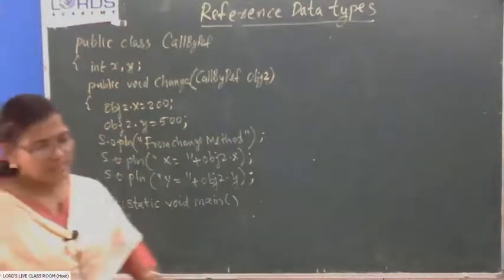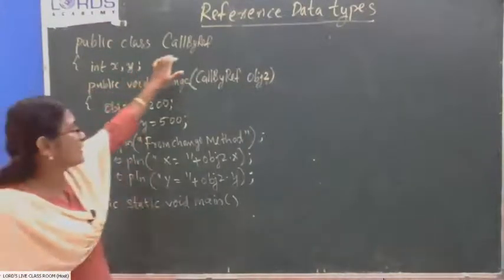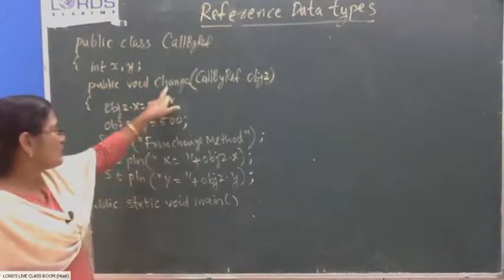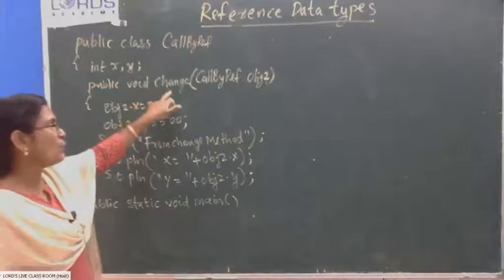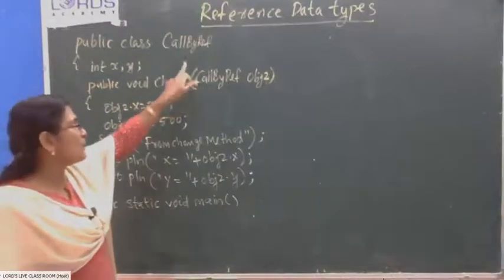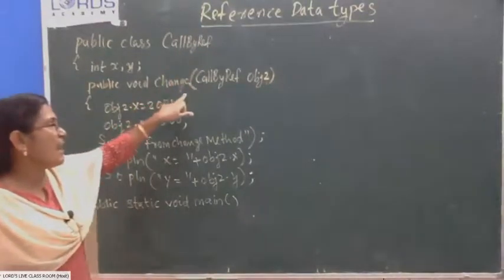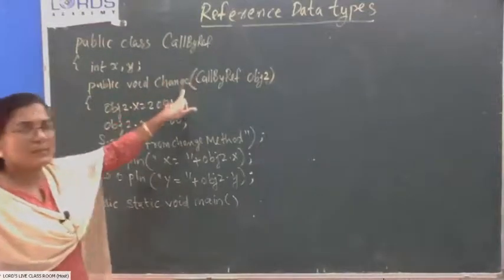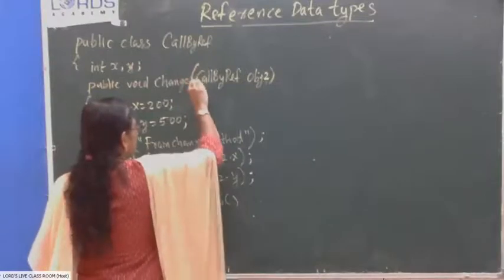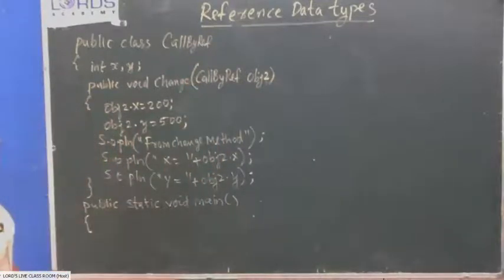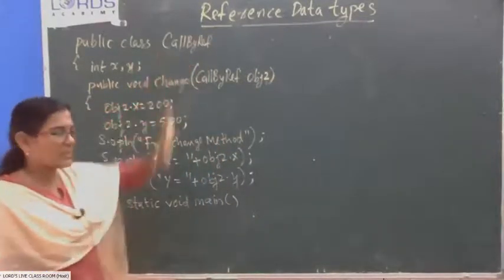This change method is a non-static, instance method. To invoke it, we have to create an object of this class and then use object name dot method name. That should be the syntax for invoking the change method.